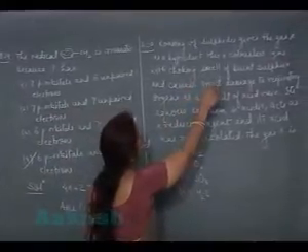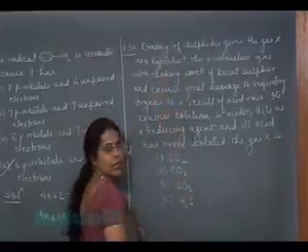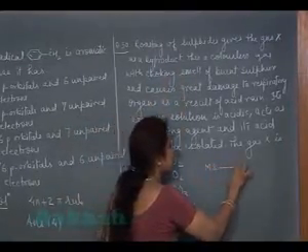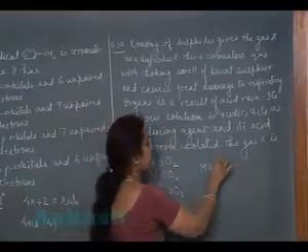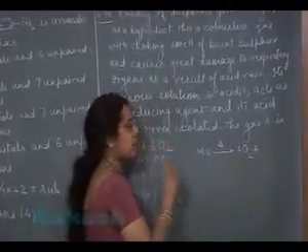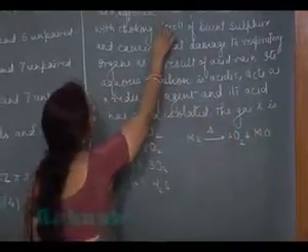Roasting of sulfide gives the gas X as a byproduct. If any sulfide ore is roasted, then the byproduct obtained is sulfur dioxide and the main product is metal oxide. Second clue is given.